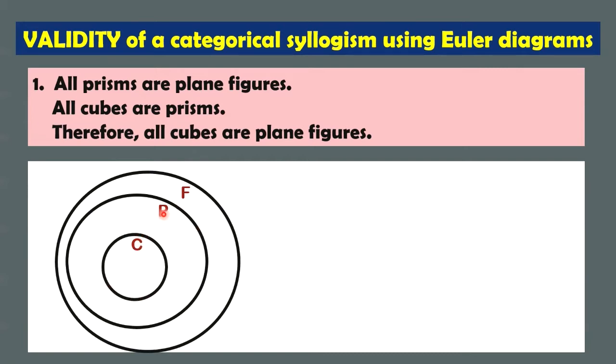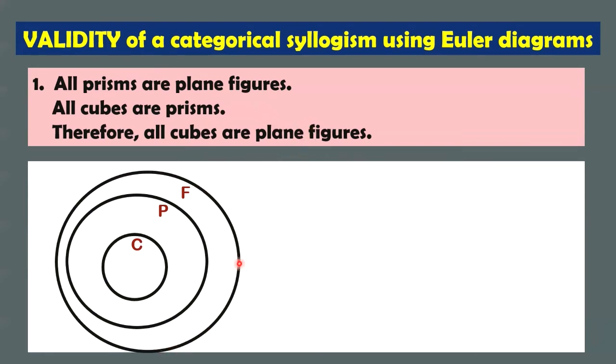All cubes are prisms. Now, based on this Euler diagram, true kaya itong ating conclusion? Ano bang sabi dito? All cubes are plane figures. So, kapag dinuro nyo ito, yung set C at set F natin, dapat mas maliit si C, no? Yung set C, this should be properly contained in the set F, right?